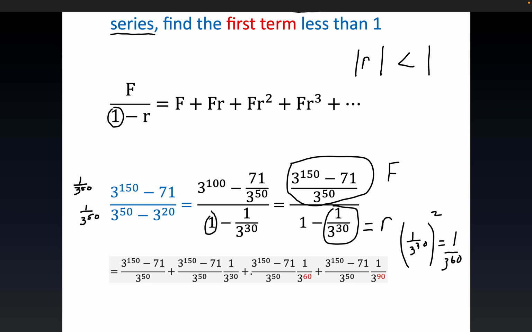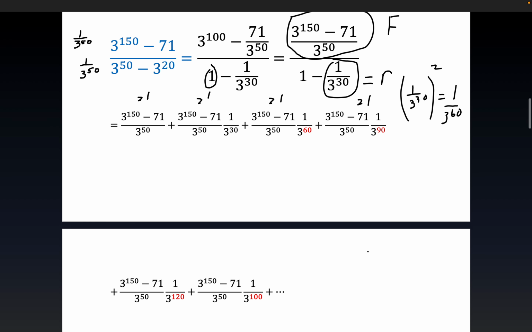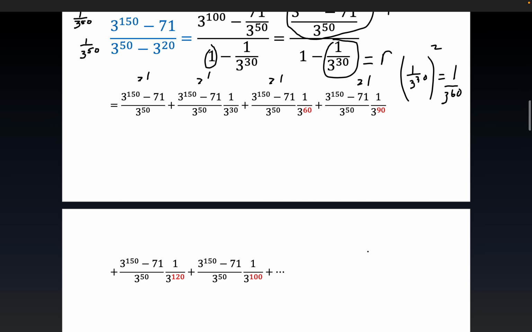So this one is clearly greater than 1. This one is still greater than 1. When you multiply right here, you would have 3 to the 80th. This is still going to be greater than 1. When you multiply through by 3 to the 60th, you're still going to be greater than 1, right? And it's getting kind of close. Right here you have 3 to the 140th, but this one's still greater than 1, right? So let's keep going. Oh yeah, it looks like I ran out of space here.